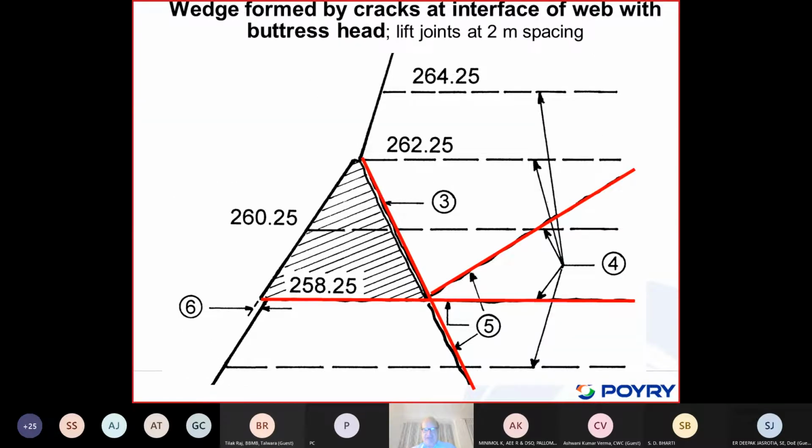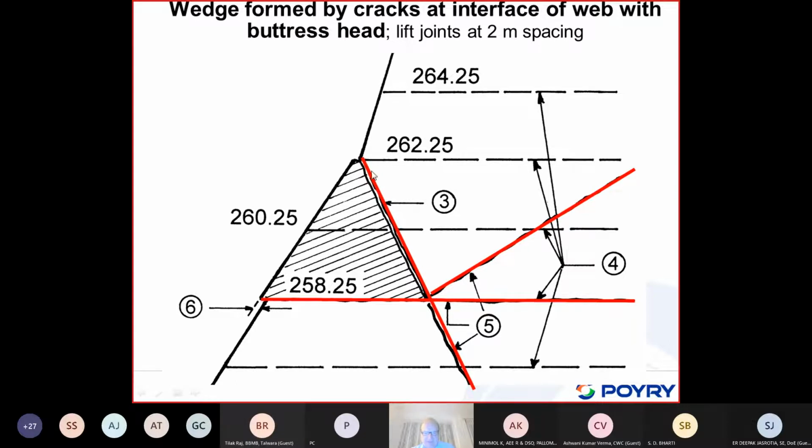To have a better understanding, here we have enlarged that. Sorry, I said 3 meters. This wedge is actually 4 meters high. This is a better detail showing the cracks which developed in the vicinity of this kink and in the vicinity of this interface between the head of the buttress and the web.